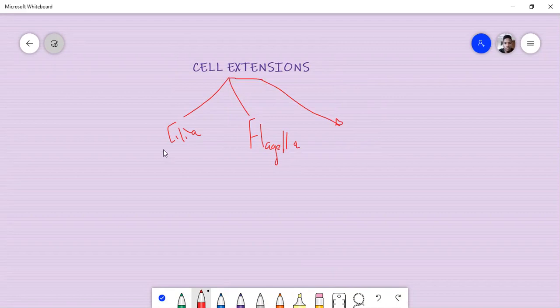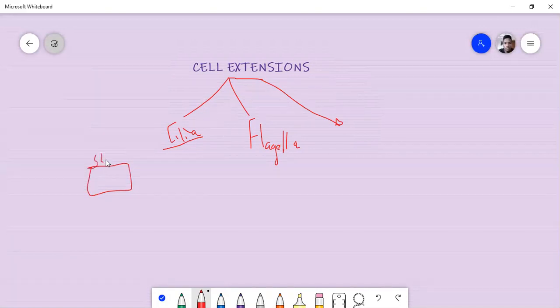So your cilia, it moves the particles, or it moves molecules that are on top of the cell. Like, for example, let's say this is your cell, and then it has cilia, right? So your cilia would, for example, move mucus.